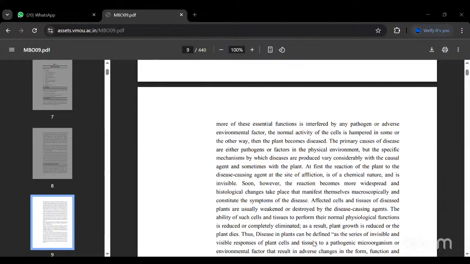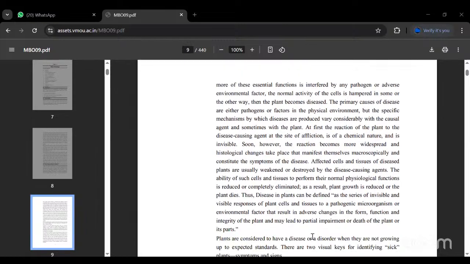Soon, however, the reaction becomes more widespread and histological changes take place that manifest themselves macroscopically and constitute the symptoms of the disease. Thus, the disease affects the cells and tissues, and the diseased plants are usually weakened or destroyed by the disease-causing agents.